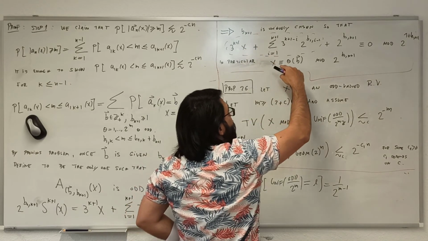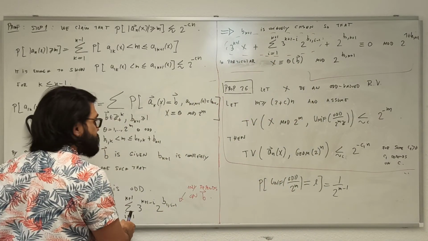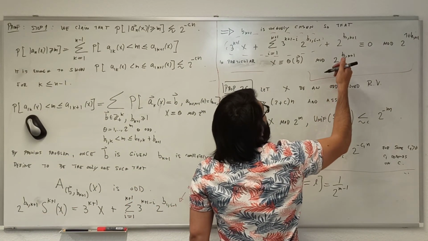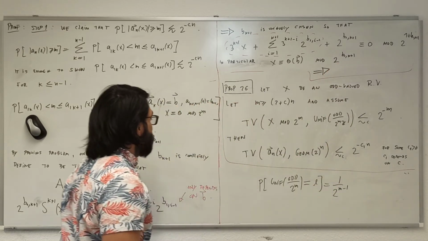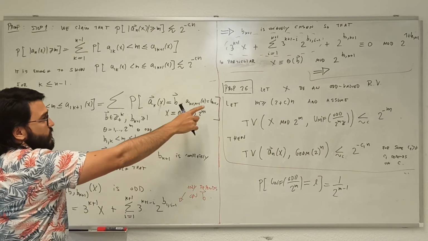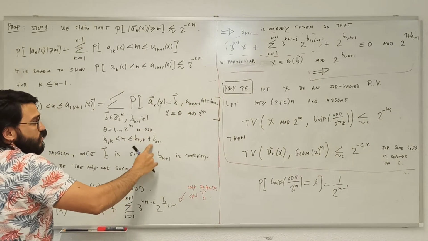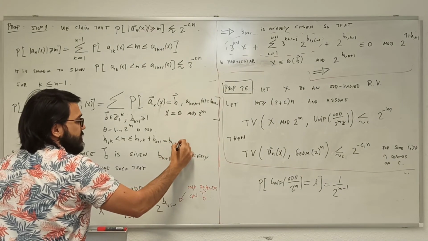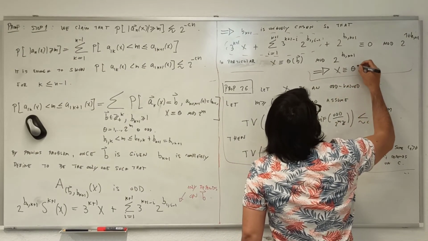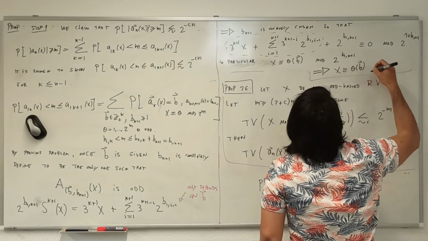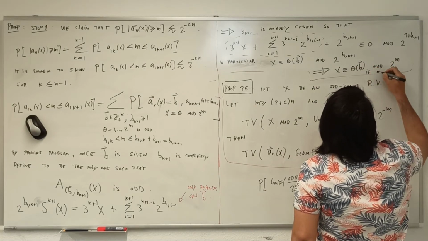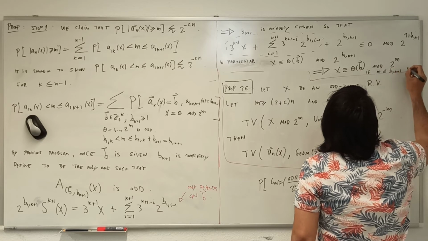And then x has to be congruent to a certain particular class modulo 2^{b_1+...+b_{k+1}}. This guy here is greater than or equal to m, so it implies that x has to be congruent to a certain particular residue class mod 2^m, if m is less than or equal to b_1+...+b_{k+1}.